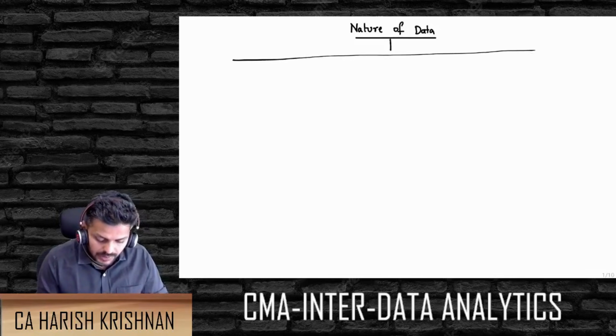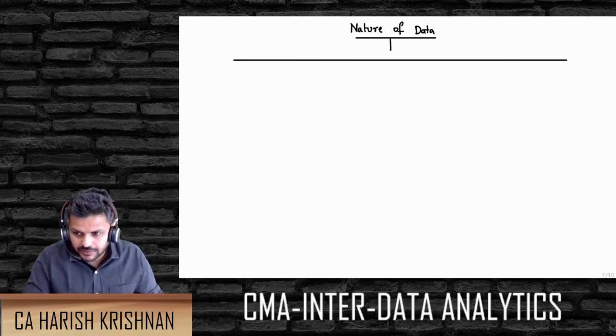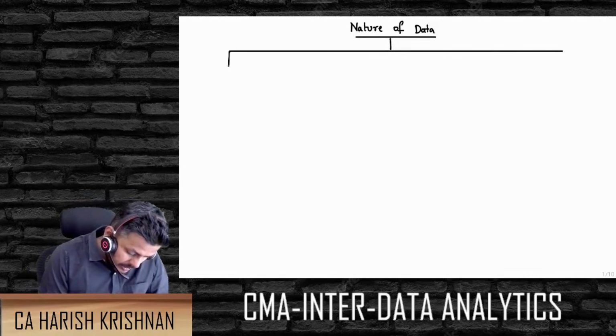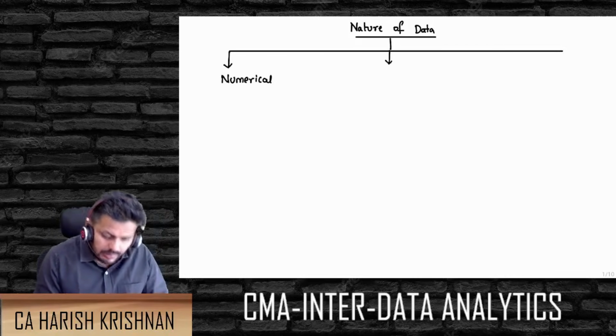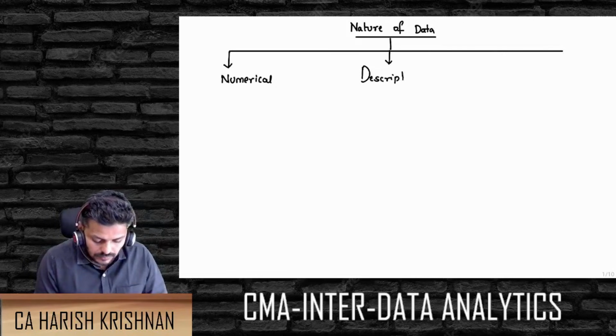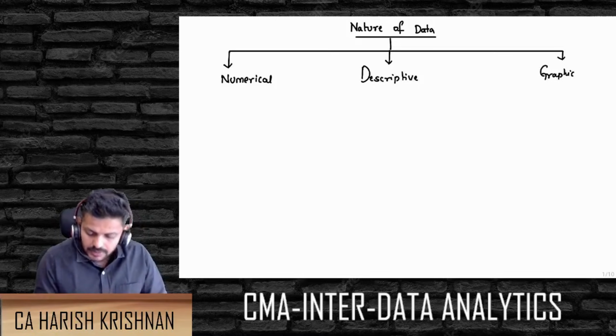So broadly, if you see what is the nature of data, three types or three branches are there: numerical data, then descriptive data, and graphic data. These are the three.